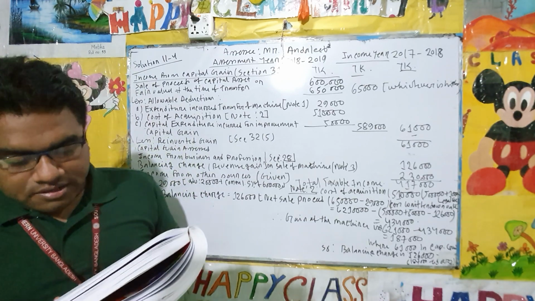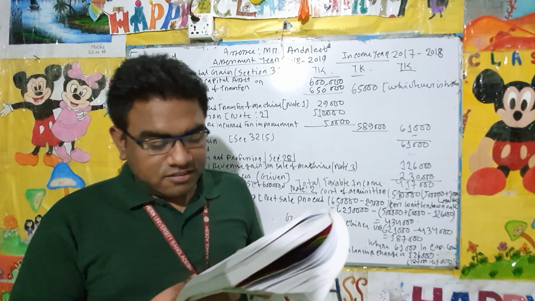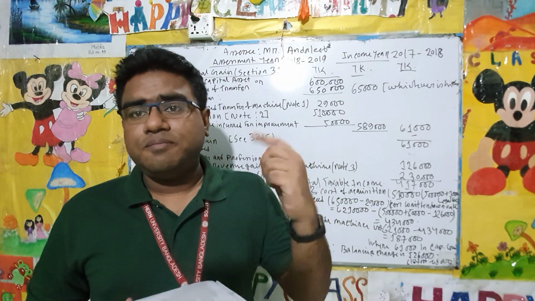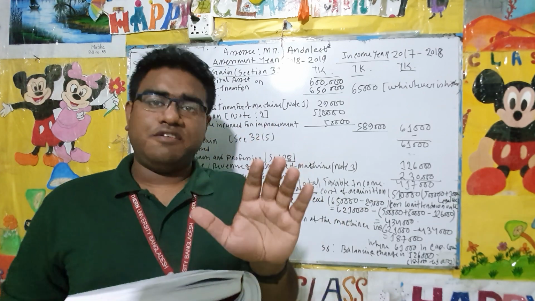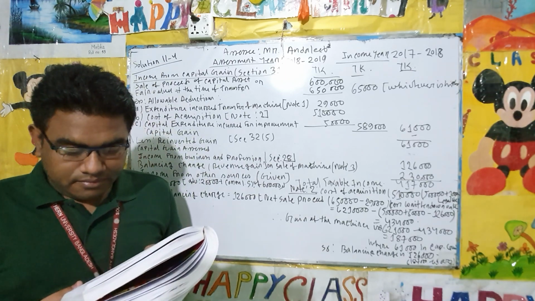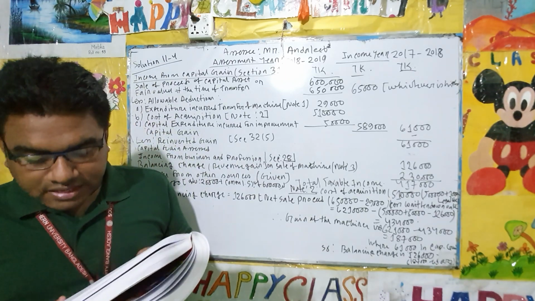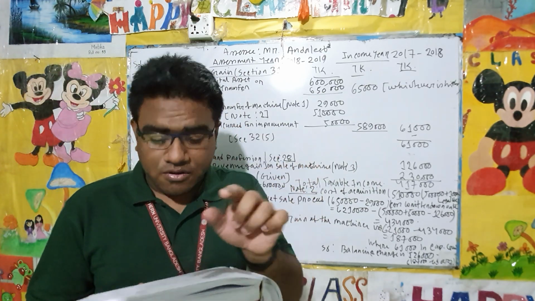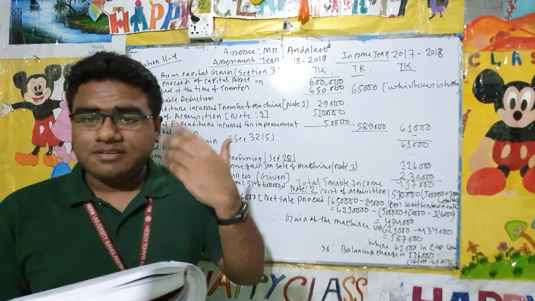In addition, he has paid Taka 60,000 as a legal fee to buy that asset. Then he has paid Taka 10,000 as a legal fee, not 60,000, it's 10,000. Just a slip of tongue.